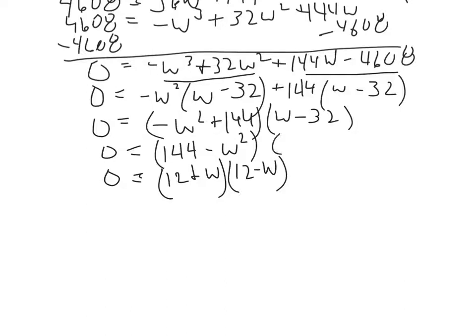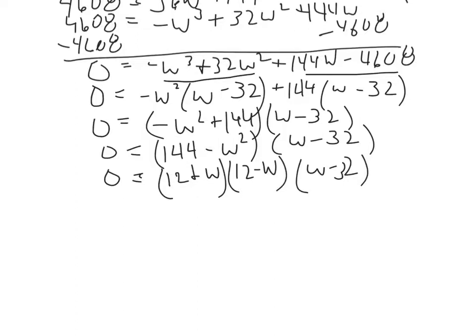And then obviously we still have that other w minus 32 from the other binomial. So that would be factoring it completely, meaning all the way down so that those polynomials can't break down any further. So now we have to look at what this tells us for our problem.